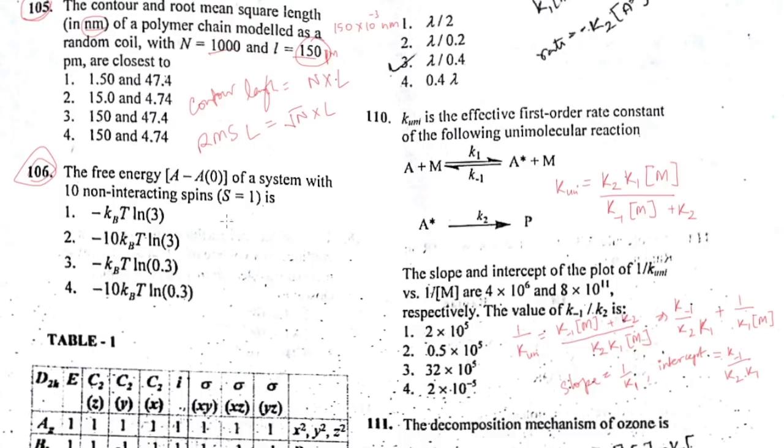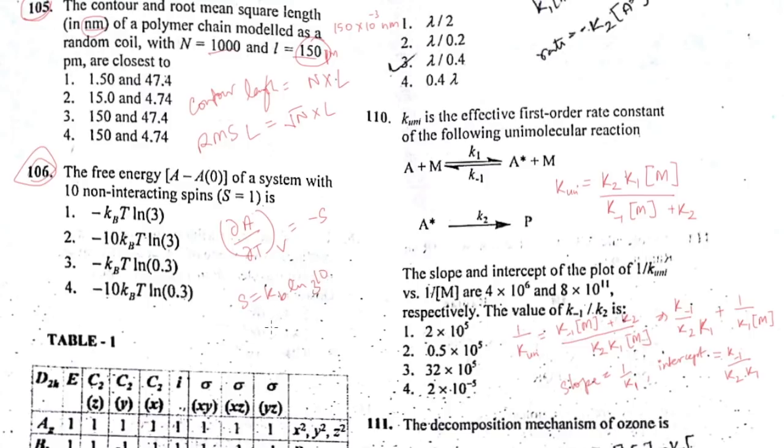The formula you will use is dou A by dou T at constant V equals minus S. Using this formula you will derive an equation, and when you integrate and solve, you get S equals KB ln 3 to the power 10.